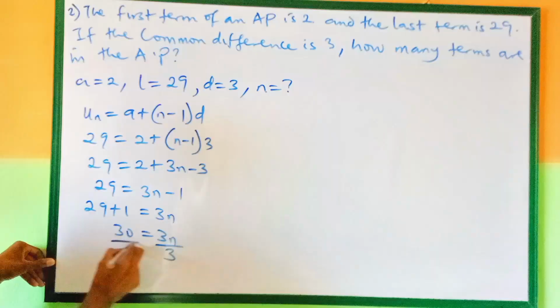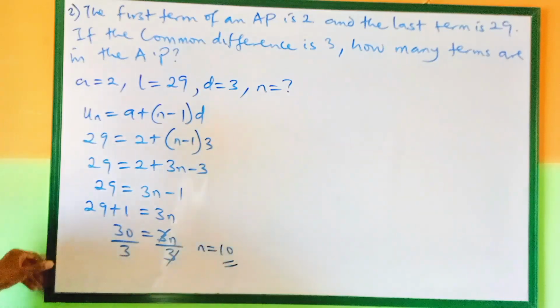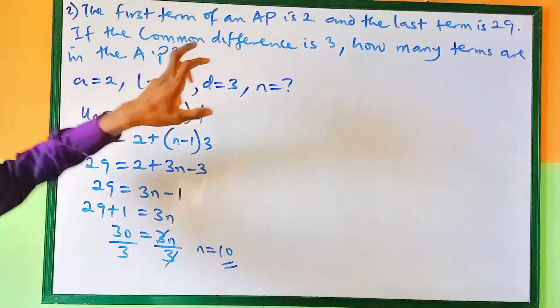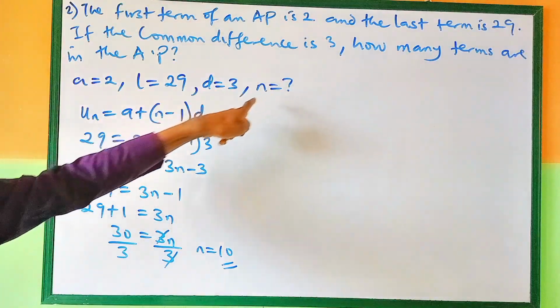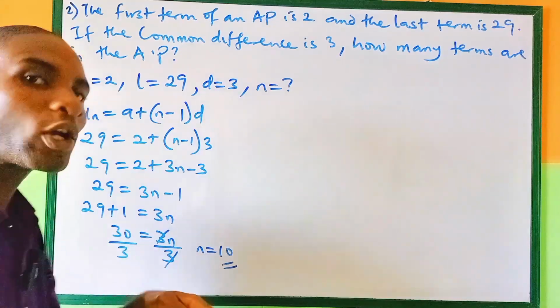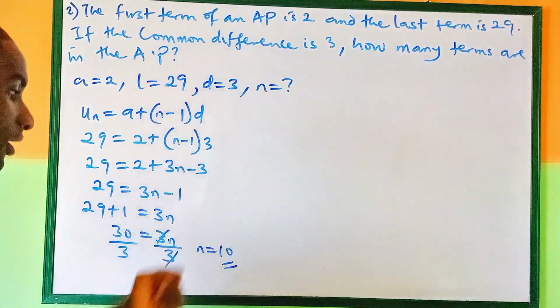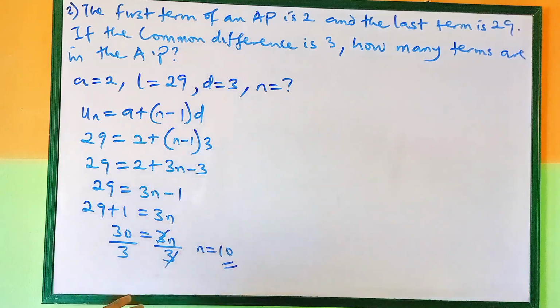Divide both sides by 3, and then your N will be equal to 10. That is the answer. So the last term 29 is the occupant of the 10th position, and N is 10. Is that clear now? So the answer is 10.